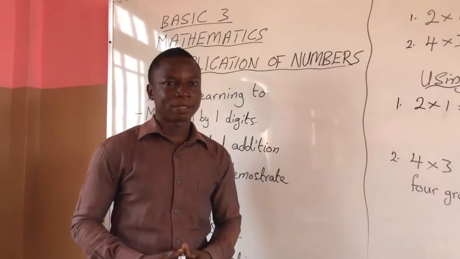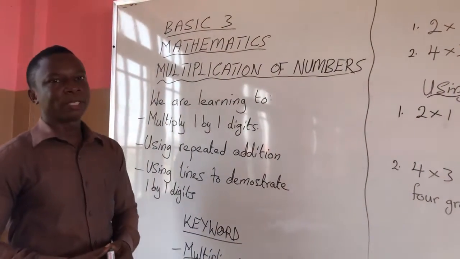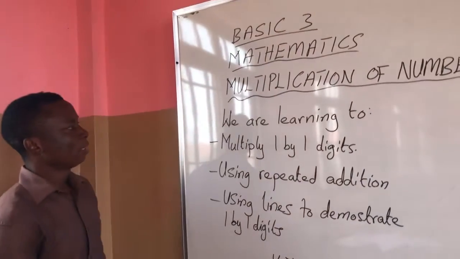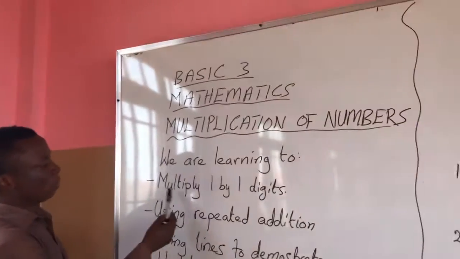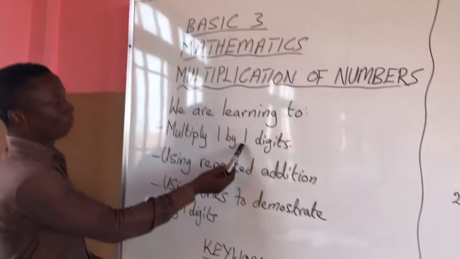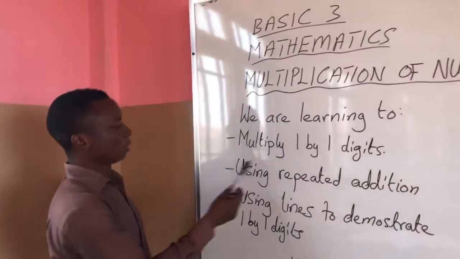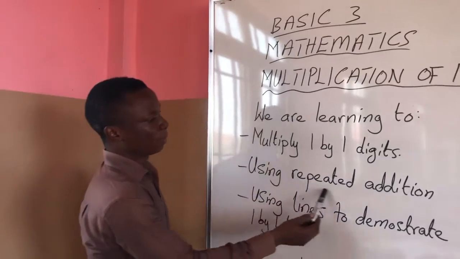Multiplication of numbers. Now, what are we doing under that? Let's look at some of the activities that will be taking place. We are learning to multiply one by one digits. The second one is using repeated addition.